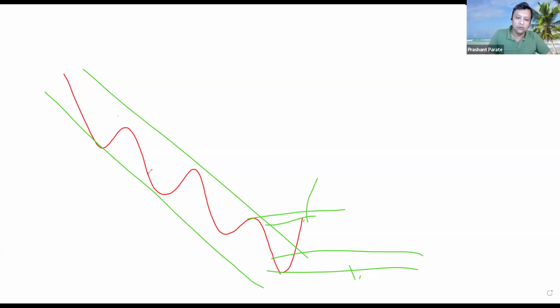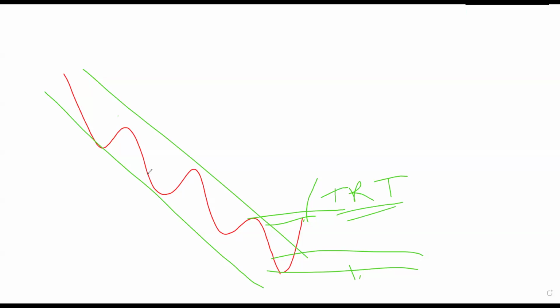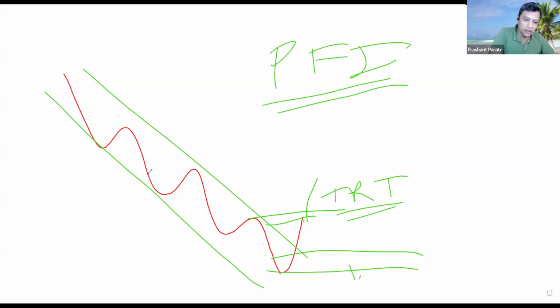In addition to this, if we don't want to check confluence with a higher time frame, this is with TRT, we can add PFI for confirmation. In PFI, what should we see? This fall had a certain PFI, but here when it has gone up, the PFI has increased, meaning force has increased. So force is supporting this bullish move.